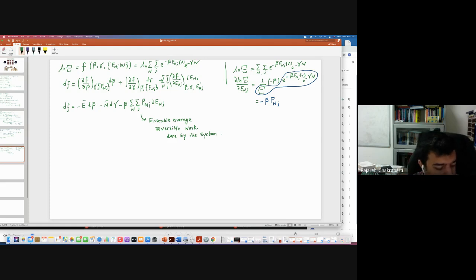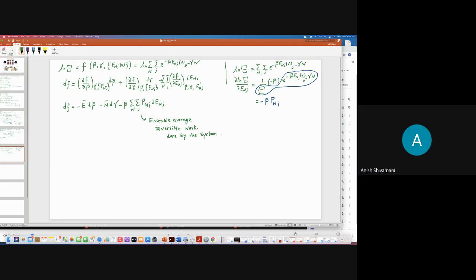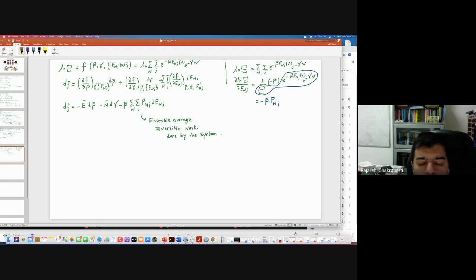Any problem, you just tell me. Why is it called ensemble average of reversible work? Because if you go back to your previous day's note, you will see this is how it is done. If you go back to the canonical ensemble note, you remember that we had a term which is like p dv kind of thing in that expression, p times dv.